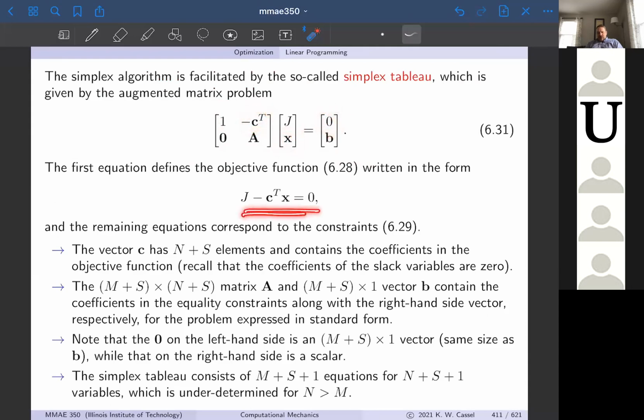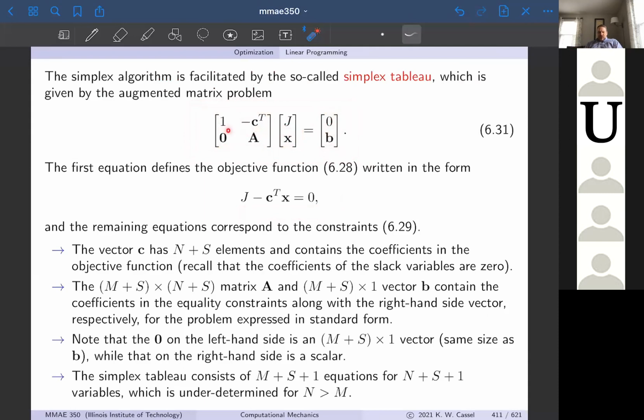That is the vector form of our objective function. And then the constraints are 0 times j, because j does not come into the constraints at all, plus A times x is equal to b. So Ax equals b, those are all the constraints. All we've done is combine all the constraints and the objective function into one system of linear algebraic equations.